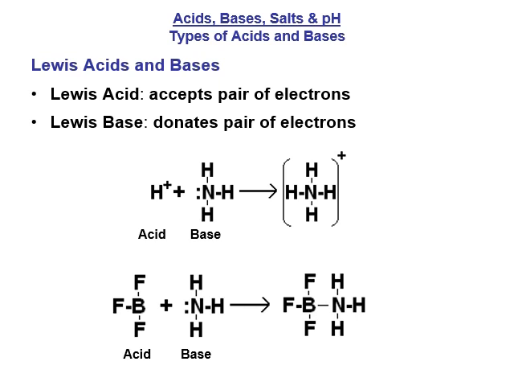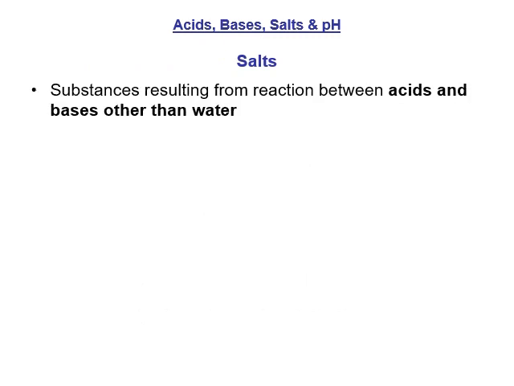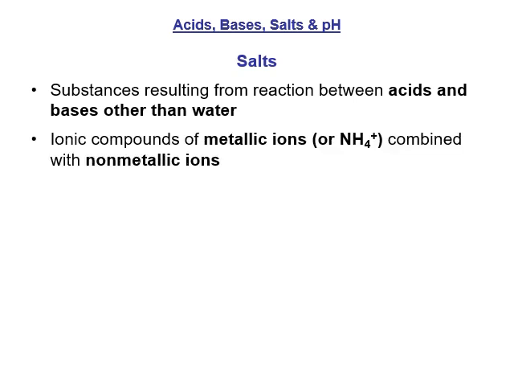Okay, so that's kind of the definitions of acids and bases. Salts are the substances that result from a neutralization reaction. Again, you have to mix acids and bases other than water to form a salt. Salts can also be considered ionic compounds that are usually a mix of metallic ions and non-metallic ions.